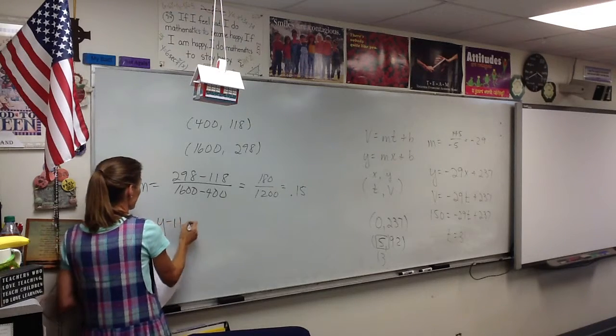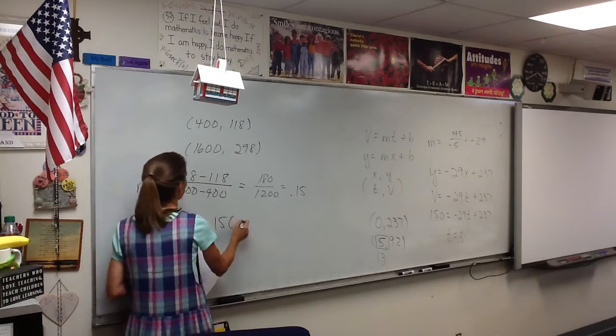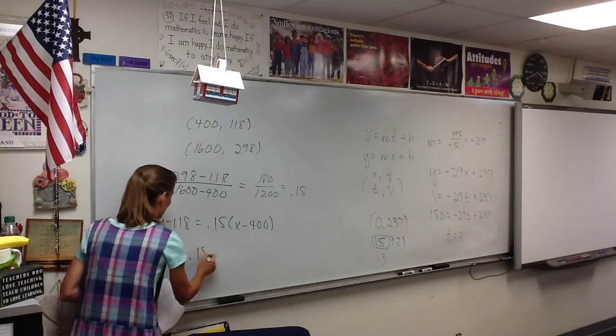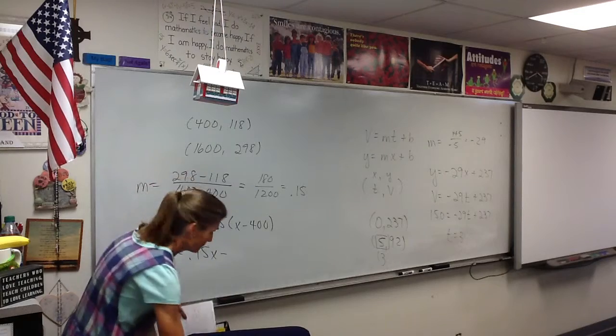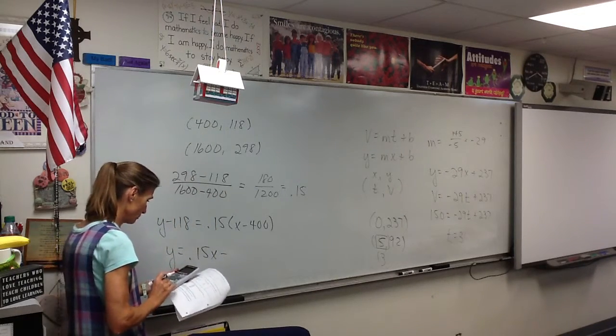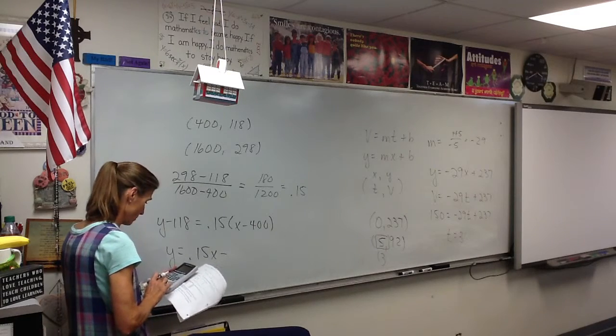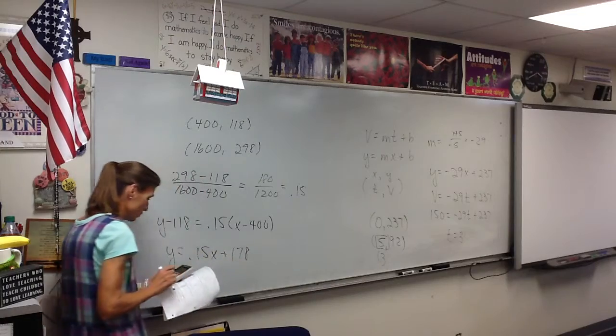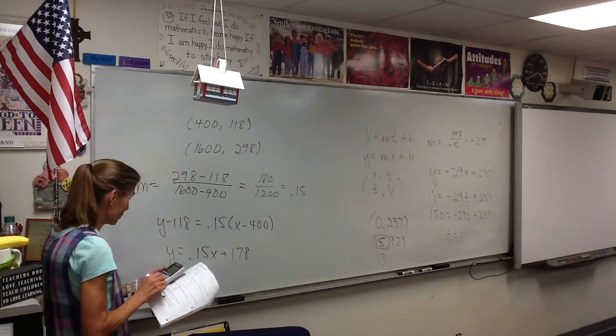So y minus 118 equals 0.15, x minus 400. I got plus 178. Did I do that right? No, I did not.